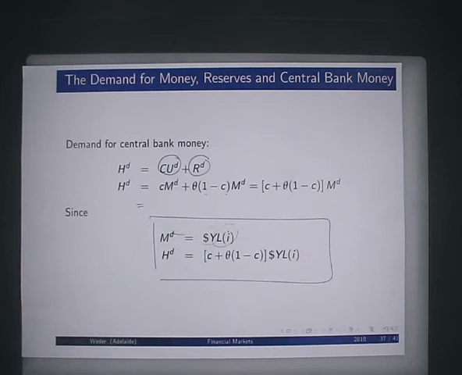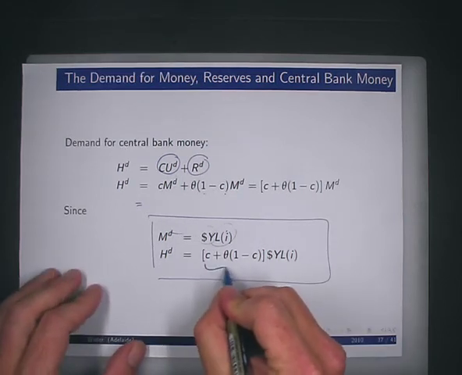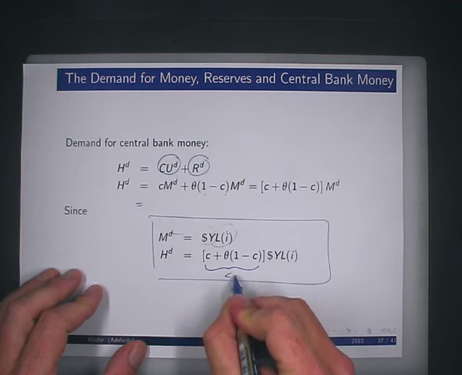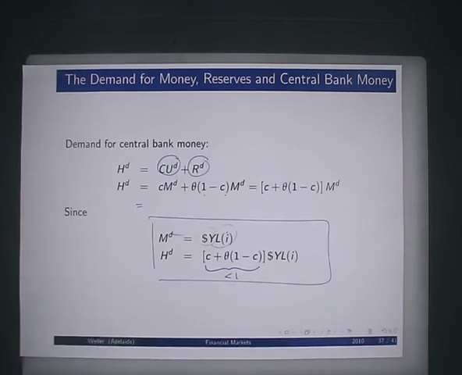It's a function of nominal GDP in the economy and the interest rate, and that's how the overall demand for central bank money, which is the sum of reserves and currency, is related.